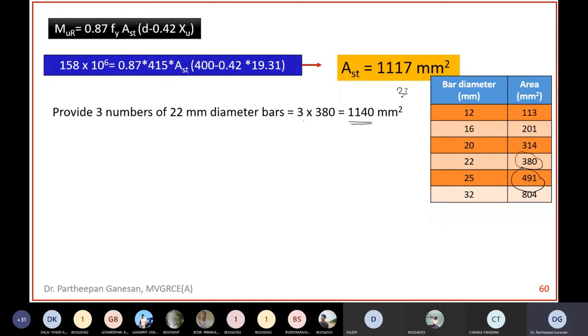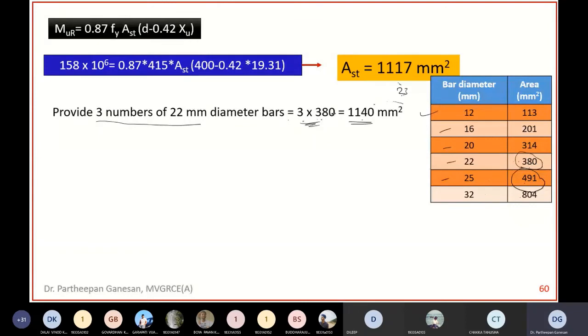I am only providing 23 millimeter square extra. This is the most optimal number of reinforcement bars that I can provide for this Ast. You should remember this one, because it will come very handy. It is very easy to find out the number of steel bars. So provide 3 numbers of 22 mm diameter bars, that is 3 into 380, 1140 millimeter square.